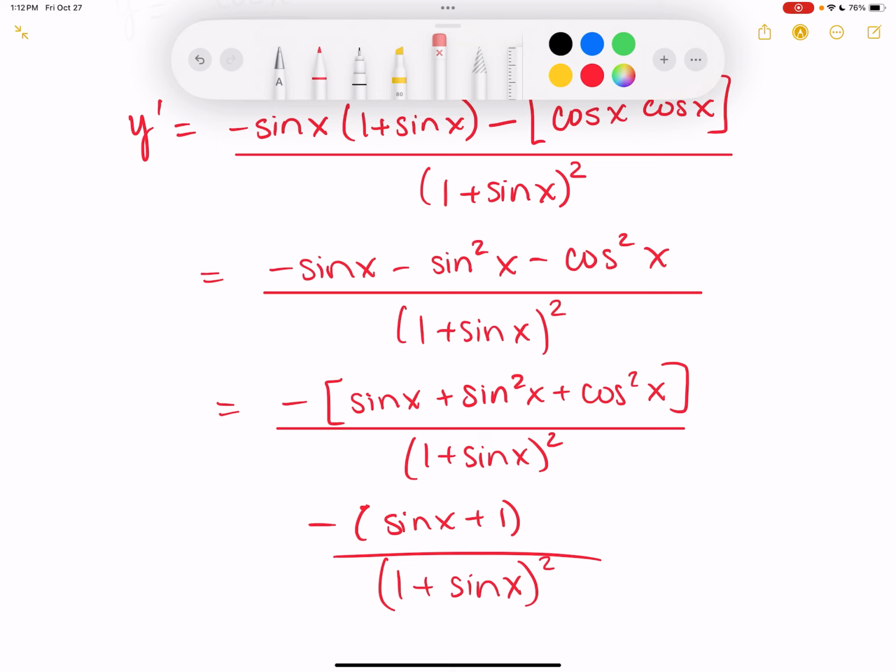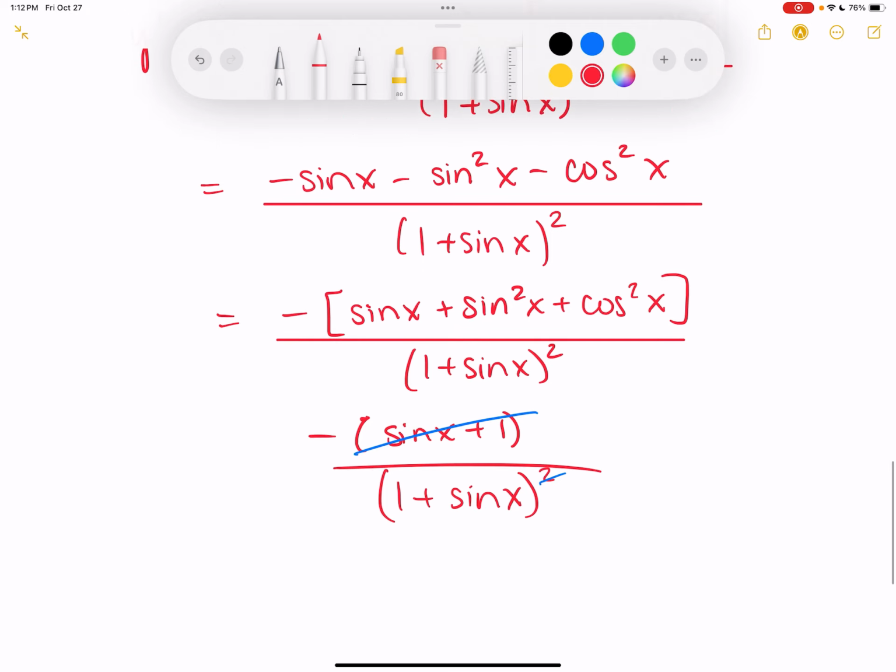You can cancel out one of the 1 plus sine x's. Can't you just break apart the bottom? It was a trick question. So negative 1 over 1 plus sine of x. And that's your answer.